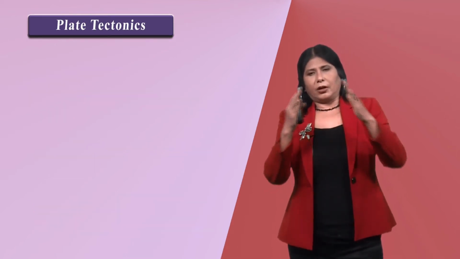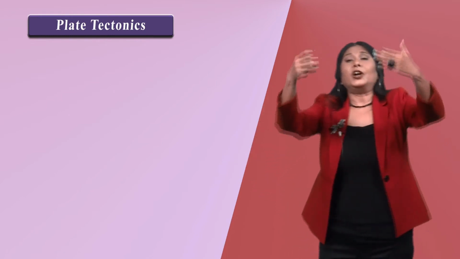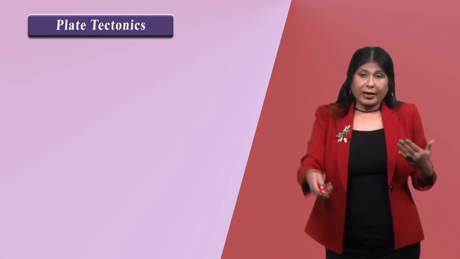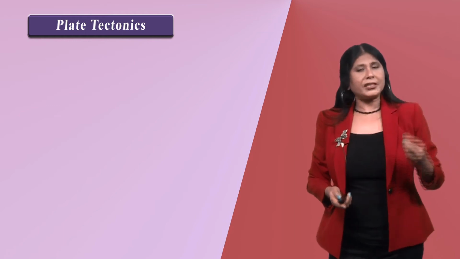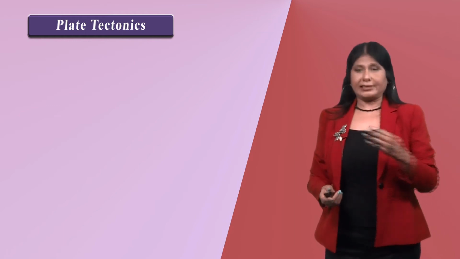It becomes older and older from the center, and it becomes oldest here, and it is along this floor that the magnetic stripes were discovered, and the geologists have got the age of all these now.